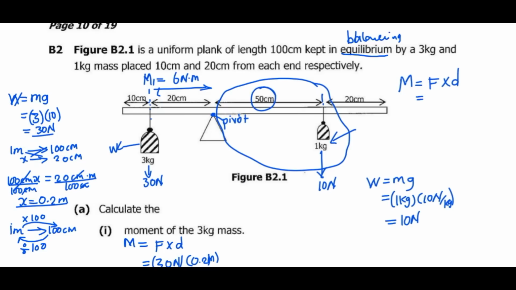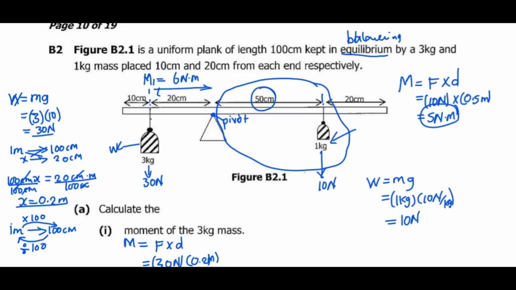So we know that if we multiply, since we are converting from centimeters to meters, if we divide by 100, this will give us 0.5 meters. So if we multiply, we get 5 newton meters.